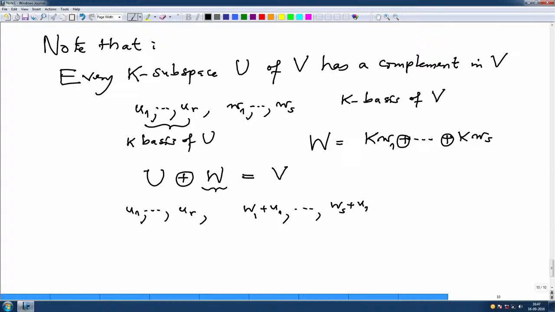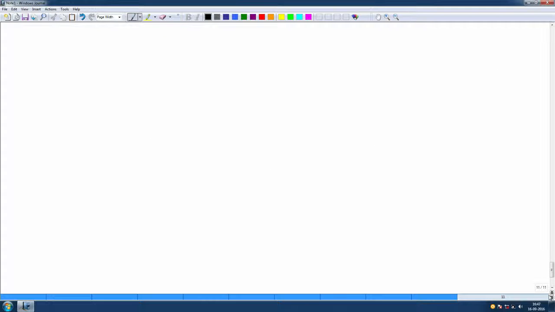Okay, so now let me define. First, let us start with an example, and then we will define formally what a projection is. So, let us suppose, to understand, that V is the direct sum of two subspaces. Remember, this means V is the direct sum of U and W, and U intersection W is 0.